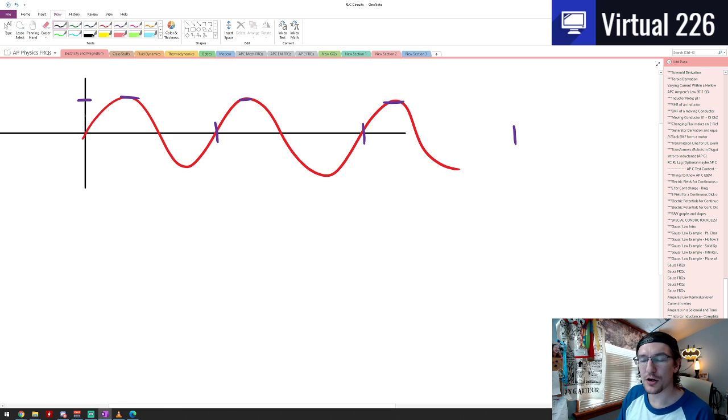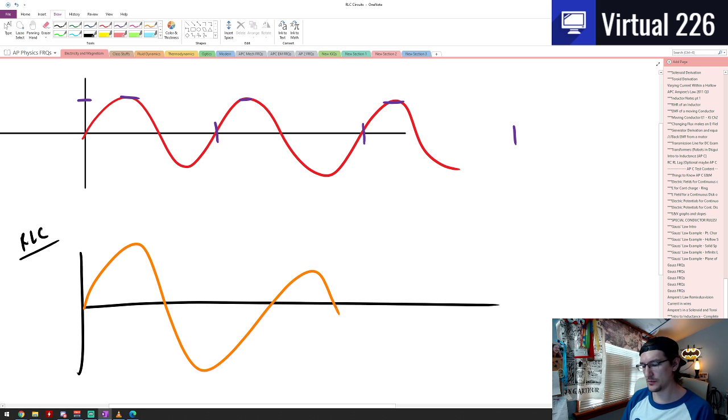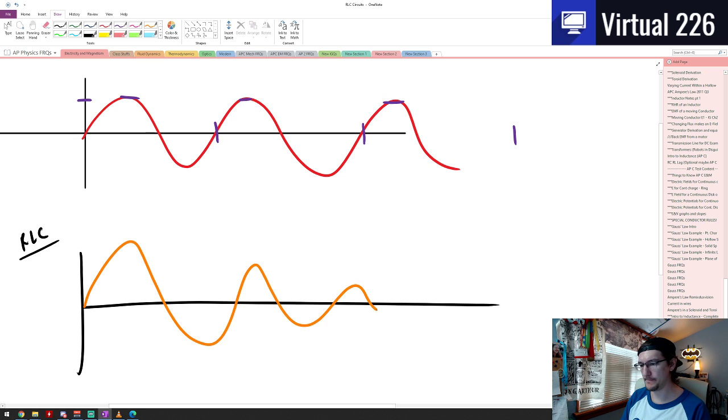For a damped harmonic oscillator, though, something like an RLC circuit or like a block spring but with friction on the table, what we're going to see is something a little bit different. What we're going to see is the same kind of sinusoidal ups and downs, but they're going to start at high amplitudes, and then that amplitude will be decreasing as time moves on.